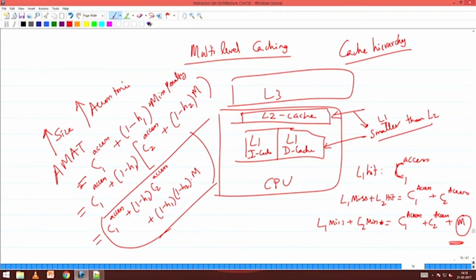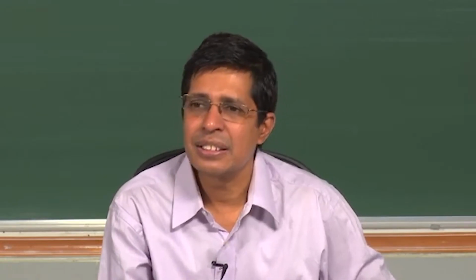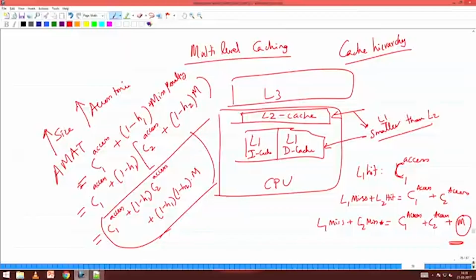This AMAT, what sort of equation is it? You have studied discrete maths, right? First year, second semester. So what sort of equation is this? Repeatedly using it, right? Recurrent. Okay, this is recurrent. Yes.